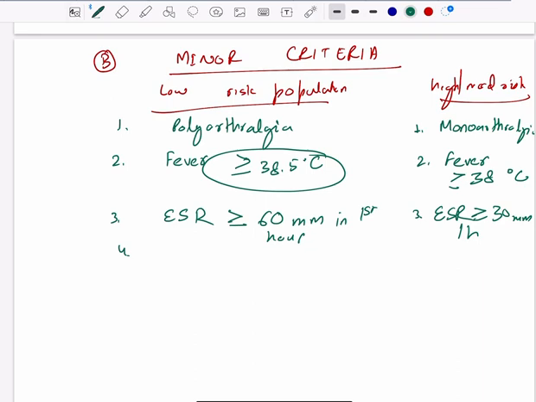The other investigation which you can also do is CRP, which is 3 milligram per deciliter for both. There is no differentiation in CRP. They have considered it for both low risk as well as high risk population.